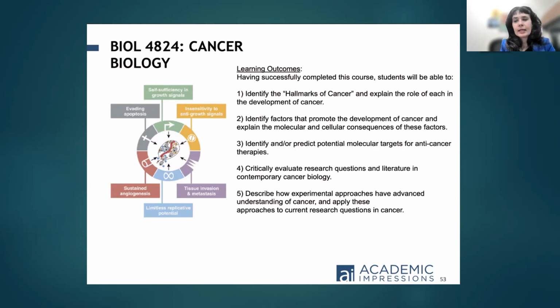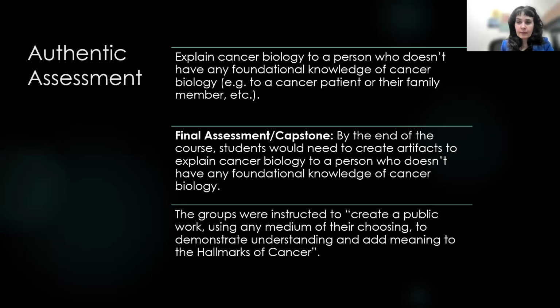So as you can see here, the outcomes for the course, and I know nothing about cancer biology, but the outcomes are pretty straightforward. For example, the first one is identify the hallmarks of cancer, explain the role of each in the development of cancer. The second one, identify factors that promote the development of cancer. Very straightforward, and I just don't know anything about this discipline, but this is what she did.